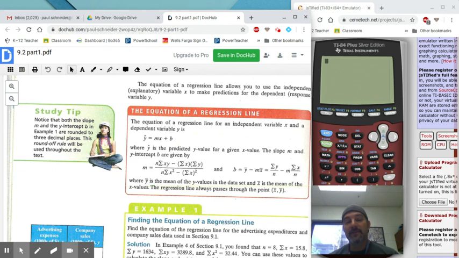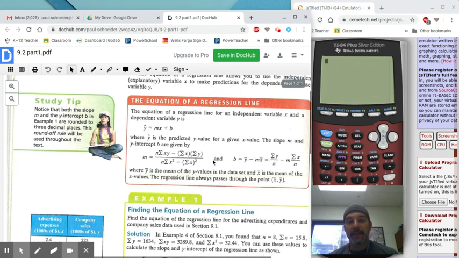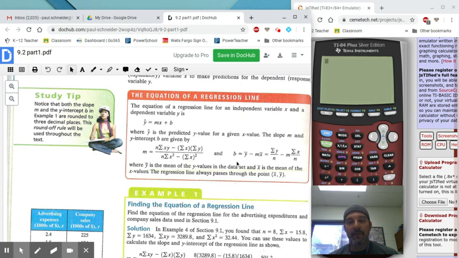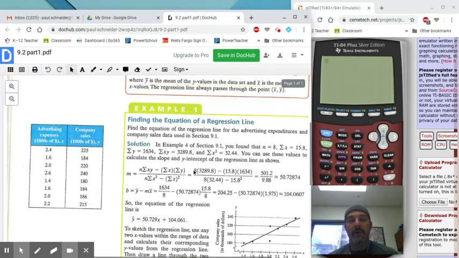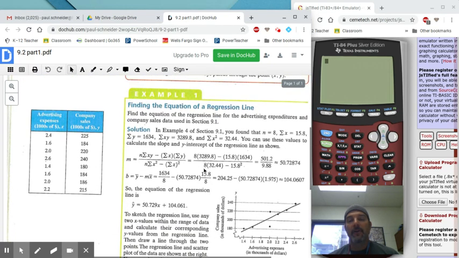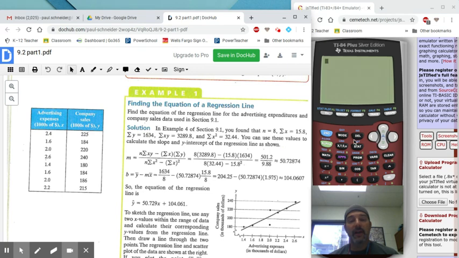You can use your lists to do that. And b involves y bar, the mean of the y values. But we're going to use our technology to find that.